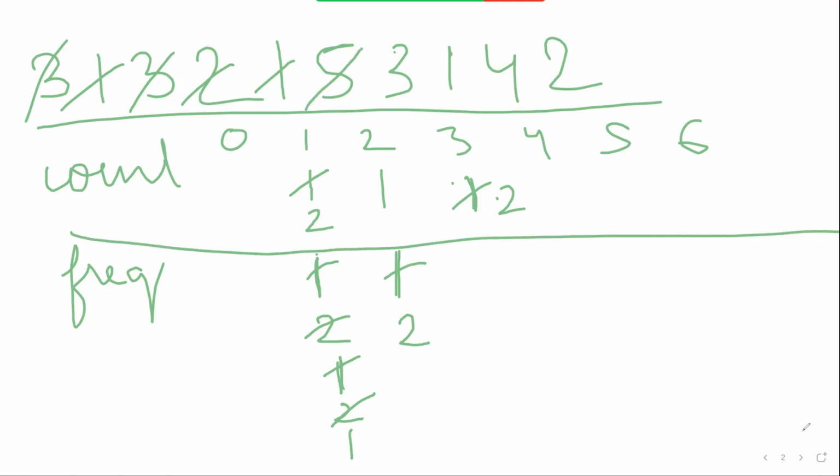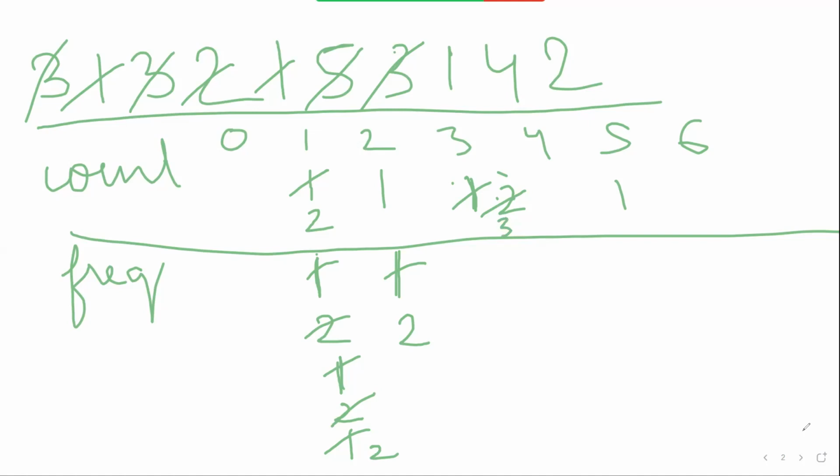Now we are going to add 5. So the number of elements having frequency 1 will increase to 2, because initially it's 1. Now we are going to add 3. 3 already has count 2, so it will increase to 3.